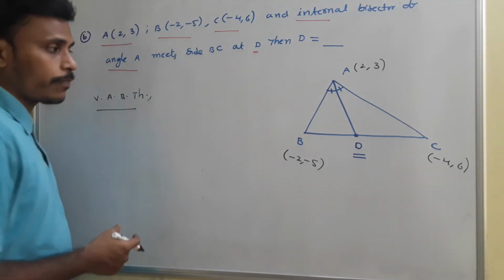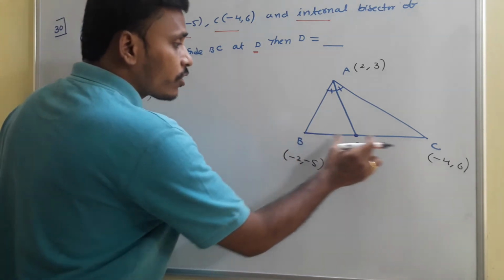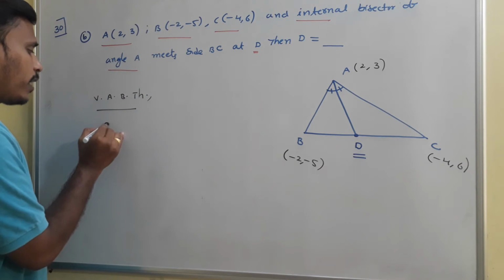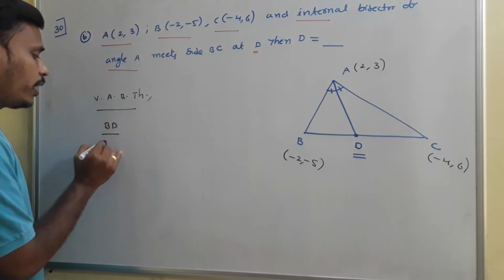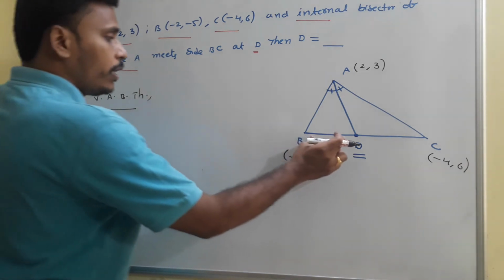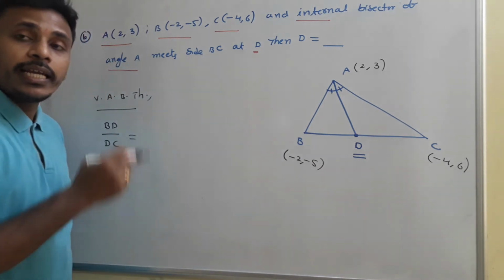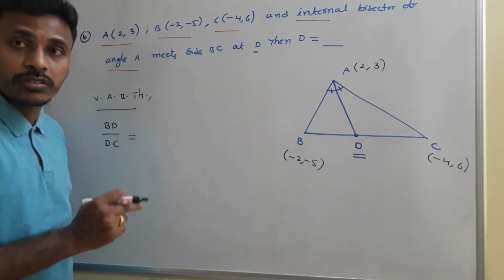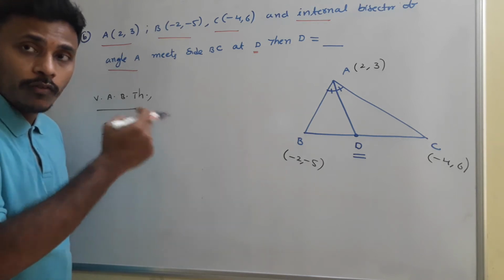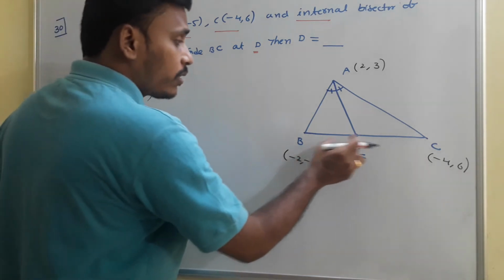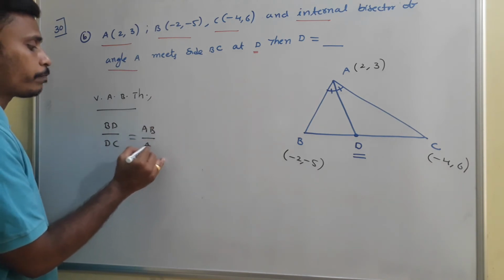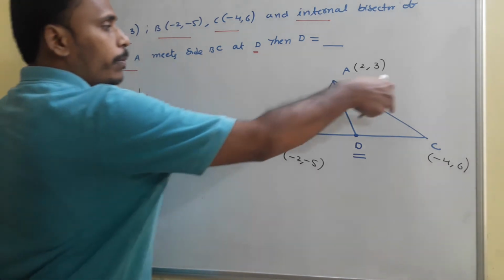Okay, both are same. So it says that this ratio is equals to the ratio of these two sides. So that bisector theorem states that BD by DC, okay, internal angle bisector of an angle divides the opposite side in the ratio of other two sides. As per this, BD by DC is equals to AB by AC. AB by AC.